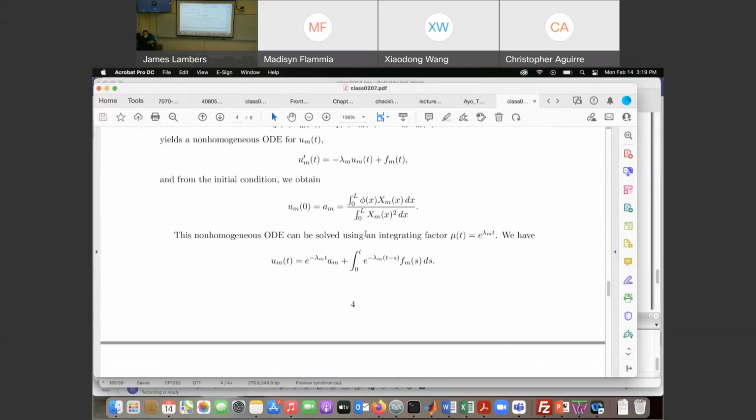Here's where you're solving your ODEs for the coefficients of your solution, where these come from your initial data, which you will have in this case, and this comes from the eigenfunction expansion of your boundary function. So yeah, this integral is where your coefficients would come from.